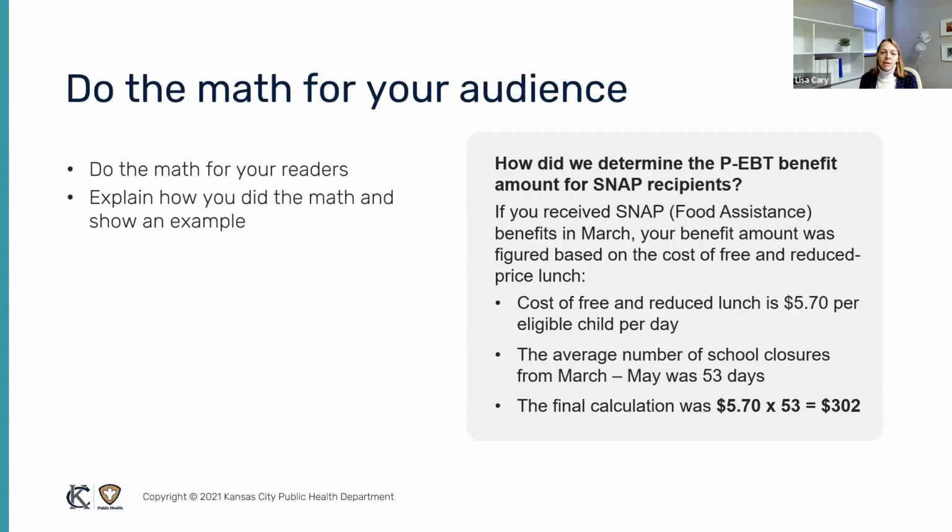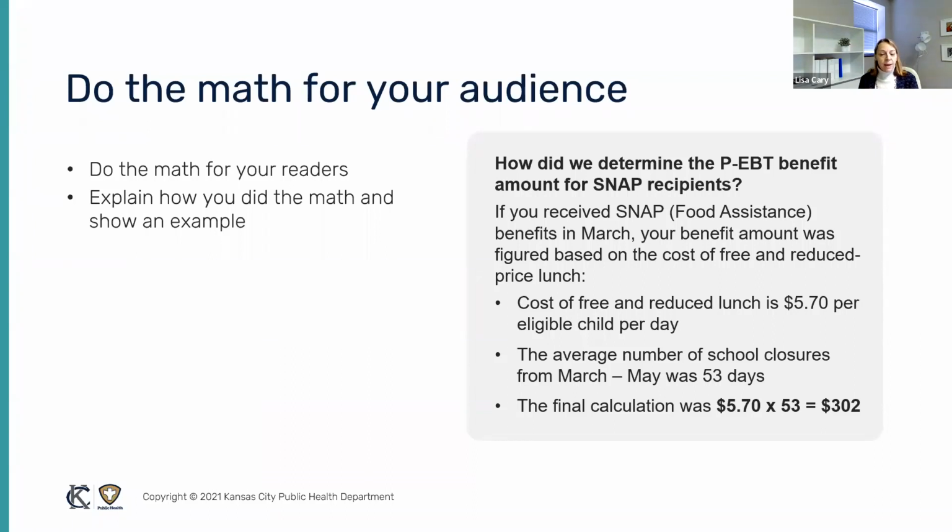This example right here is for children in Missouri who, because of the pandemic, were missing out on their free and reduced price lunches whenever their schools were closed. And so families receiving SNAP food assistance benefits got an extra, what they call pandemic EBT or PEBT, during this time, since they were having to feed lunch to their children at home.